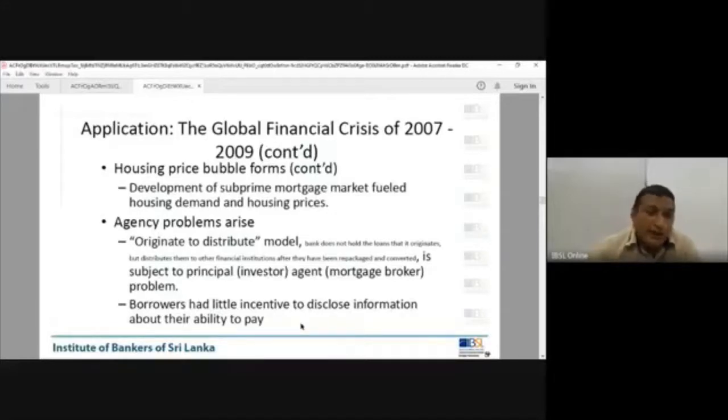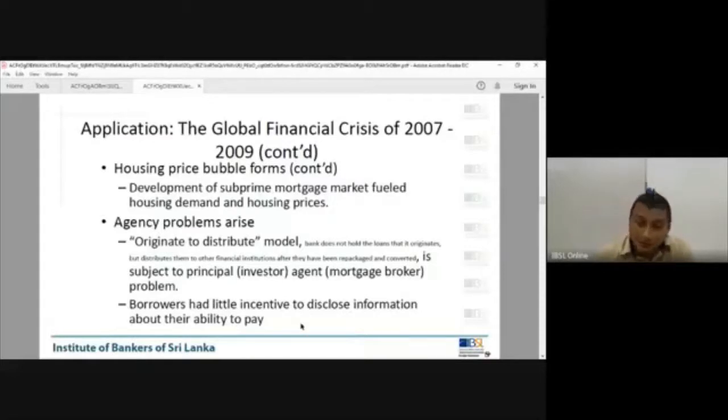And then, from another perspective, borrowers also were not worried to disclose everything, because they also felt, okay, if I'm not in a position to pay, I can just give the key to the developer and move out. So the developer whitewashes, does a small renovation and sells this property at a higher price, right?